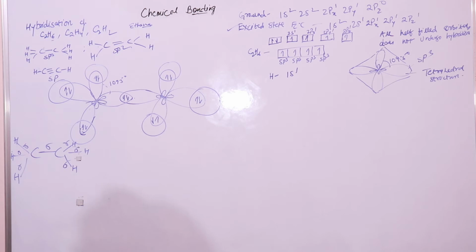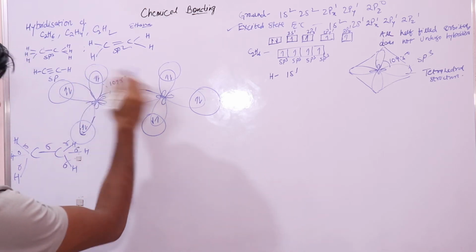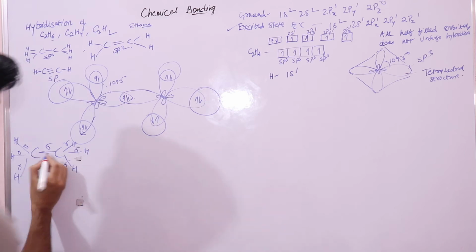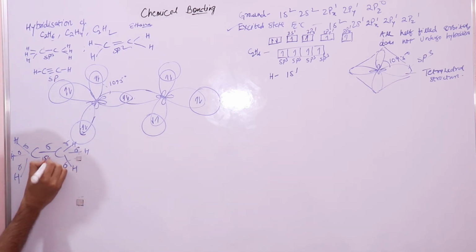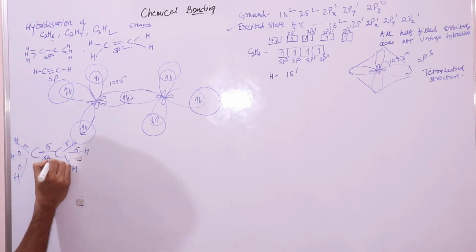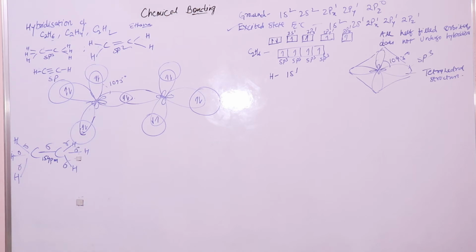All these are sigma bonds, and the carbon-carbon bond length would be 154 picometer, pm, right. Similarly, the carbon-hydrogen bond length is 110 pm, right.